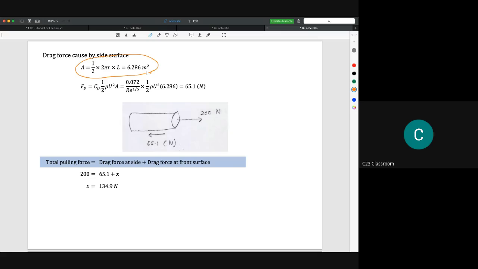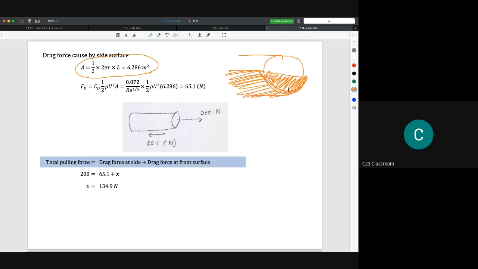A is the area, and you must understand that the area is actually the area of this one, the area that gives shear stress, not the front area. We have a timber here, and the water is half of this. The front area here is not counted. Please bear in mind, because certain students take only the front area because the question asks to find the drag force for the front area. That's not the proper solution, so you need to be careful.